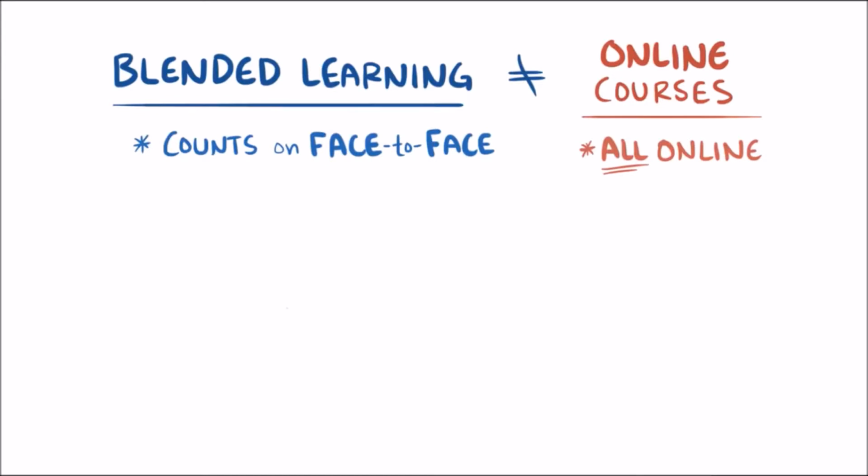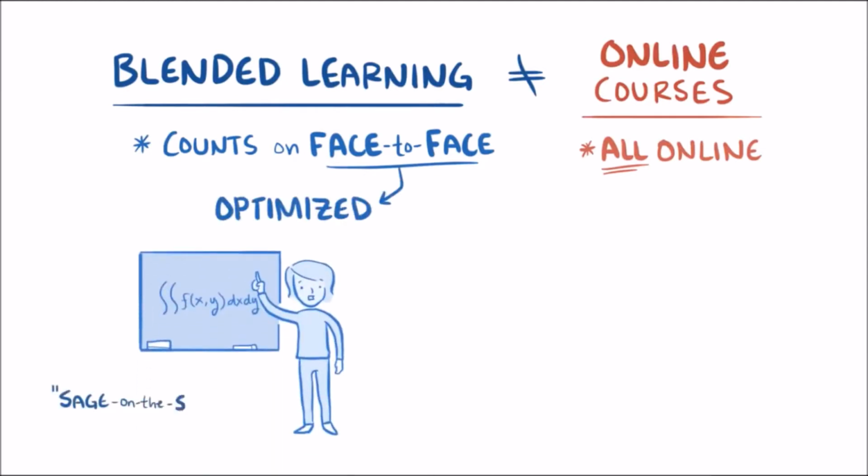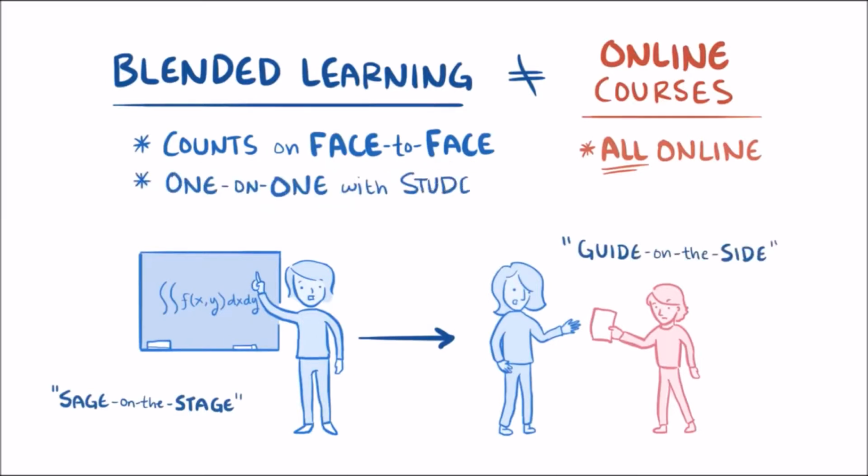Instead of getting rid of these interactions, blended learning structures are intended to optimize them, moving the teacher from a passive sage on the stage, who delivers didactic lectures to a large audience, to a more active role as a guide on the side, who interacts one-on-one with students to help guide them in ways that might be impractical or impossible with a traditional teaching model. By doing this, blended learning classes move from a teacher-focused learning model to a student-focused learning model.